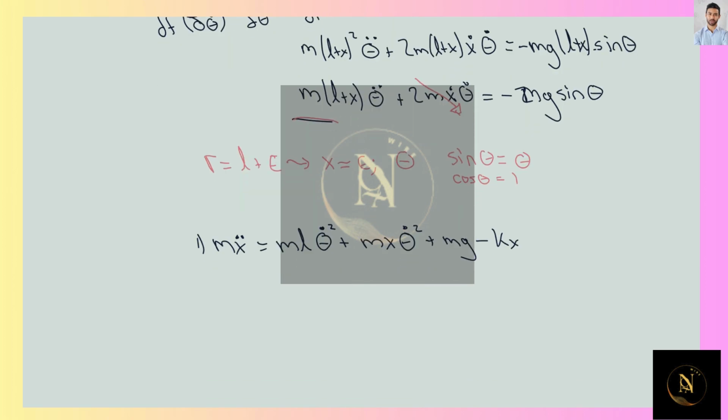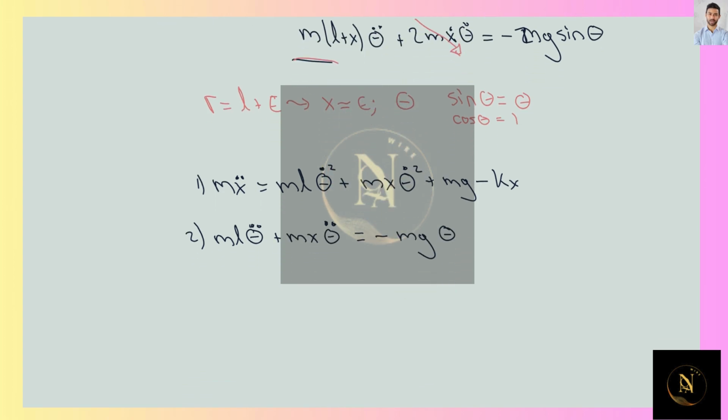For the second equation, we have m L theta double dot plus m x theta double dot equal to minus mg theta. So we're going to get rid of all of the things that have a product between lengths and theta.